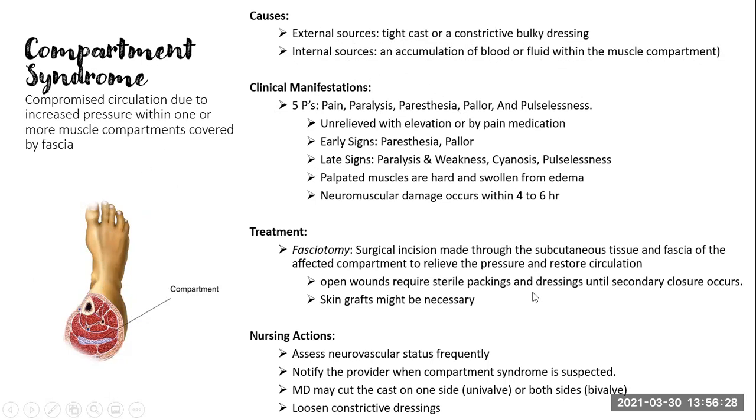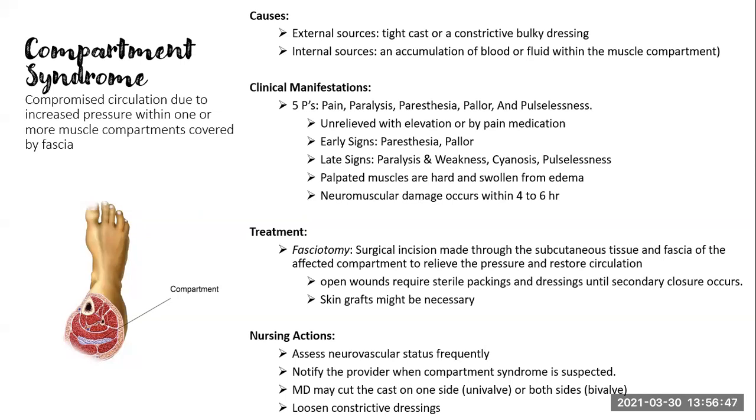So when you're doing an assessment, you're checking for the 5 P's: pain, paralysis, paresthesia, pallor, and pulselessness. You're going to have pain and swelling unrelieved with elevation or pain medication.